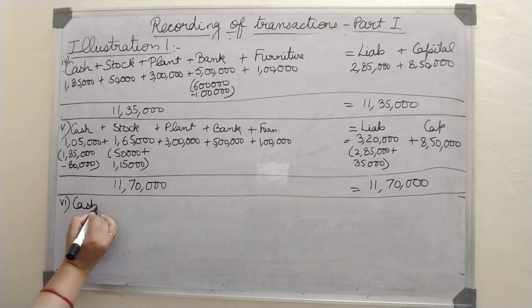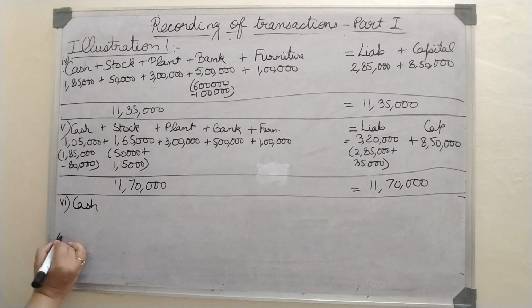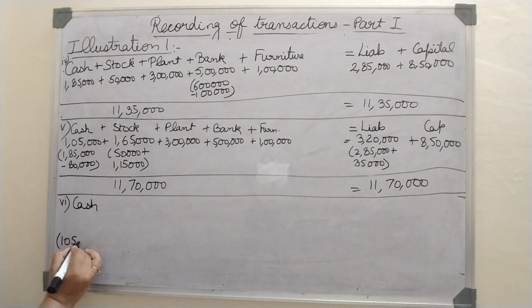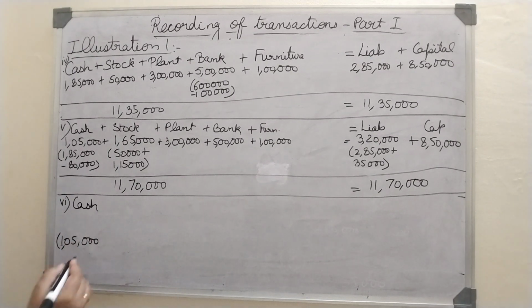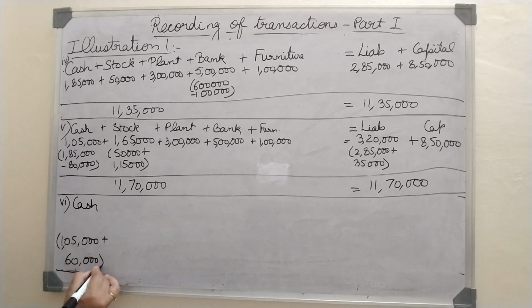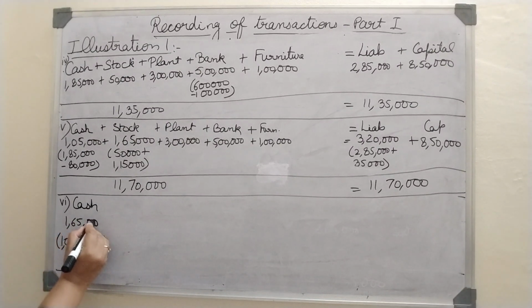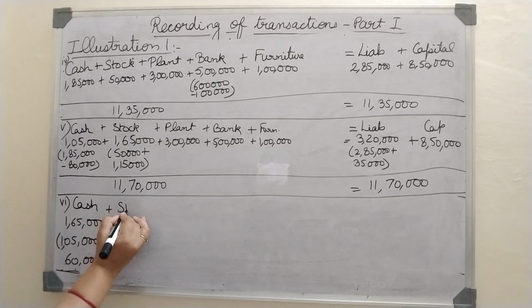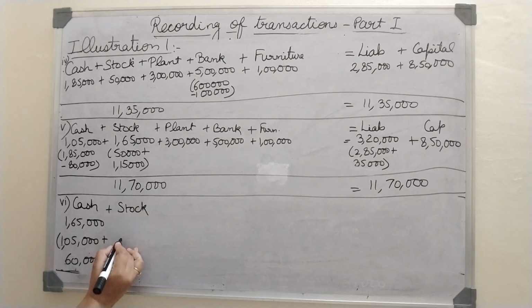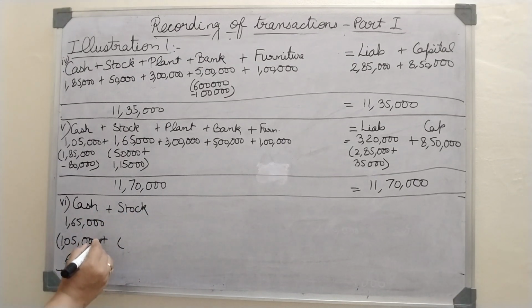Now cash was how much? 105,000. Now in this we have sold the goods for 60,000, so we will add 60,000. So after you add 60,000, it becomes 1,65,000. And how is the stock affected?